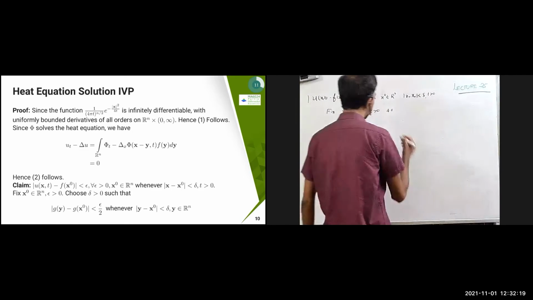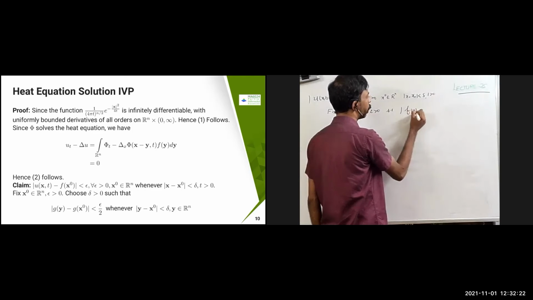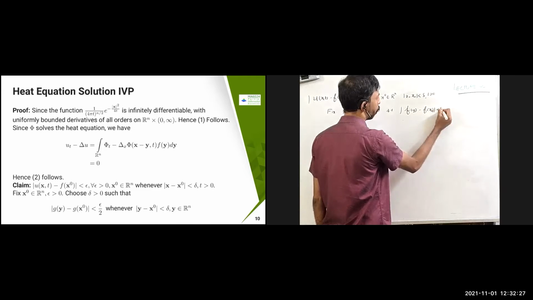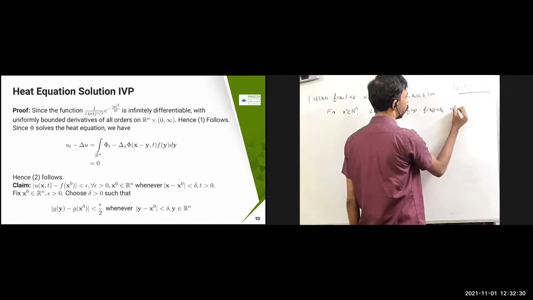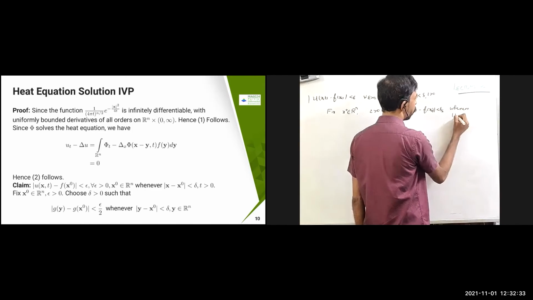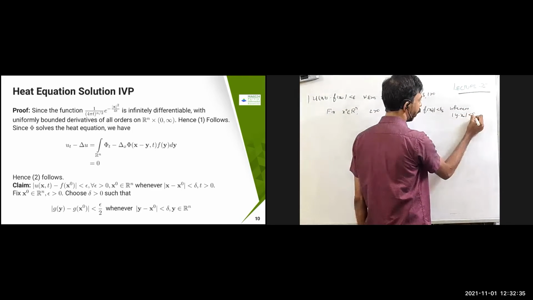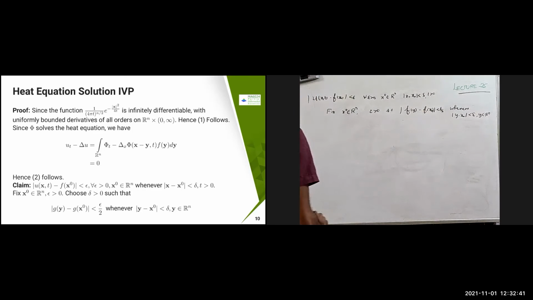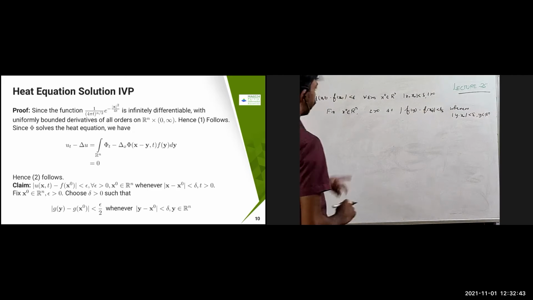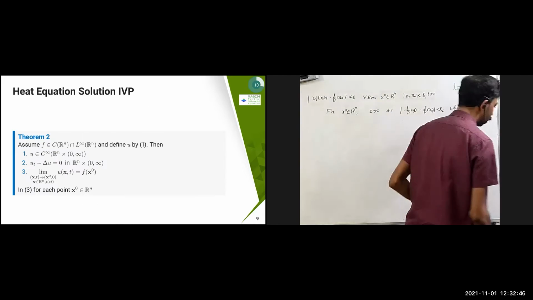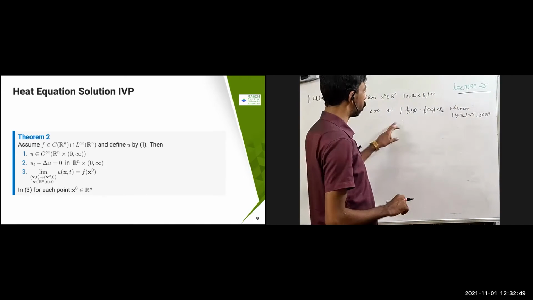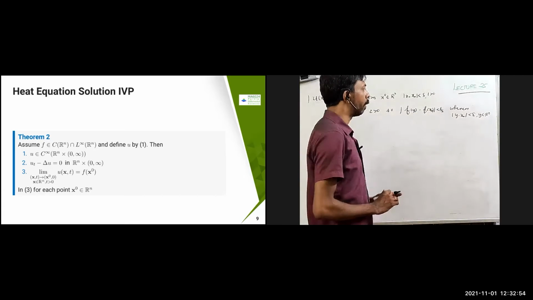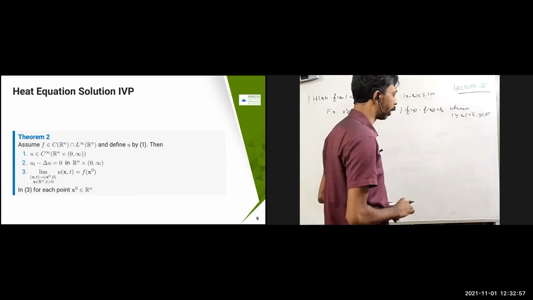Such that modulus of f of y minus f of x naught is less than epsilon by 2 whenever modulus of y minus x naught is less than delta, y belongs to R power n. Is it possible for fixed epsilon, x naught belongs to R power n, epsilon greater than 0? Yes, because our f belongs to C of R power n, that means it's a continuous function. So I'm just using the continuous function definition, f of y minus f of x naught less than epsilon by 2 whenever y minus x naught is less than delta. I'm just applying the continuity definition here.